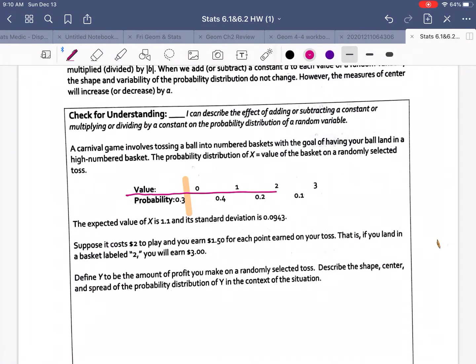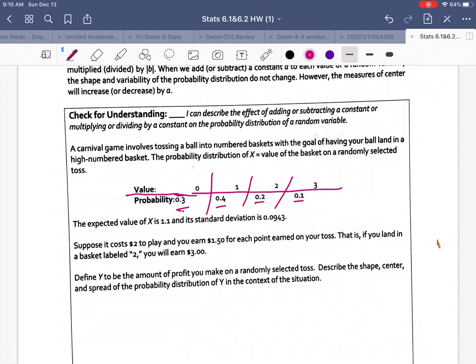We have a probability distribution, right? So let's just make sure there was a little problem there with their chart. It looks like the probability of getting 0 is 0.3, and here are my probabilities that correlate with the values. There's a carnival game where you toss a ball into a number of baskets with the goal of having your ball land in a high numbered basket.